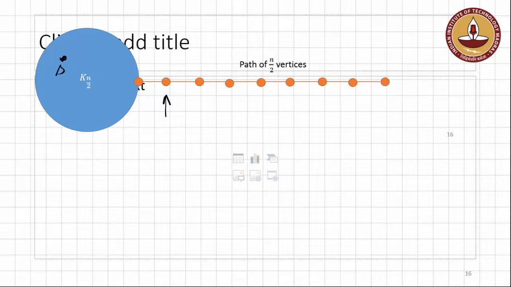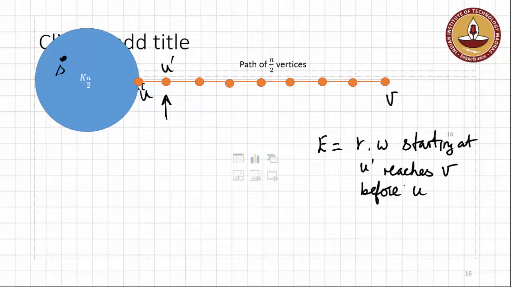Now we want to know the probability for this random walk that has reached this vertex, let's call this vertex u prime, let's call this u, this is v. What is the probability that the random walk will reach v before it reaches u? So the event we are interested in is that the random walk starting at u prime reaches v before reaching the vertex u. And we are interested in understanding this probability.